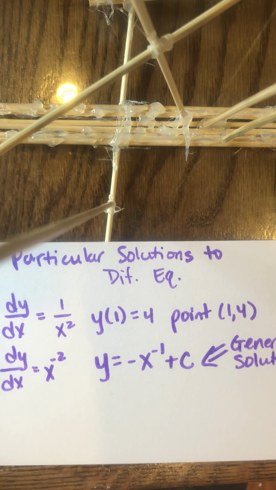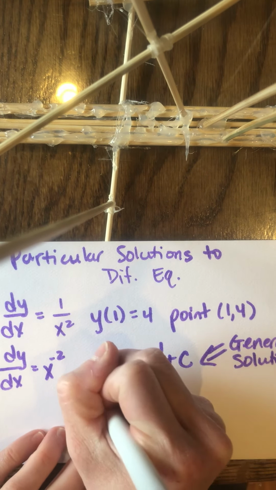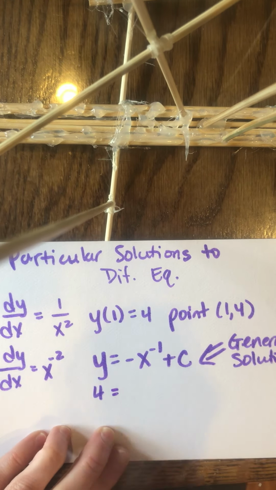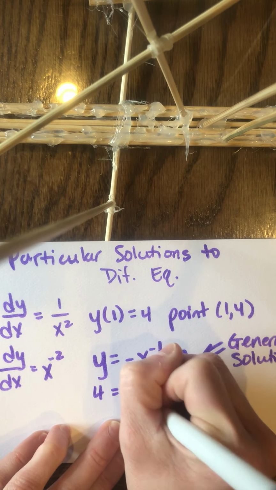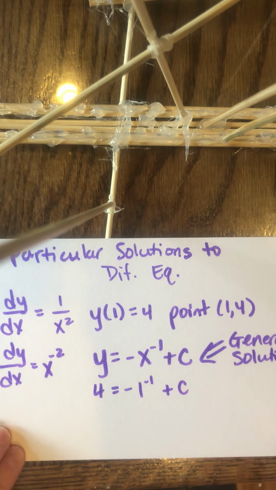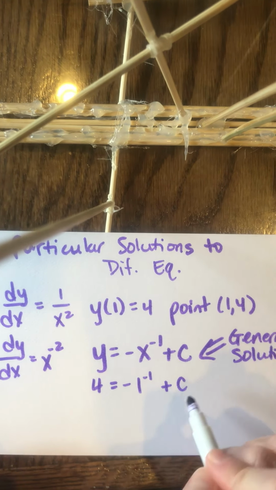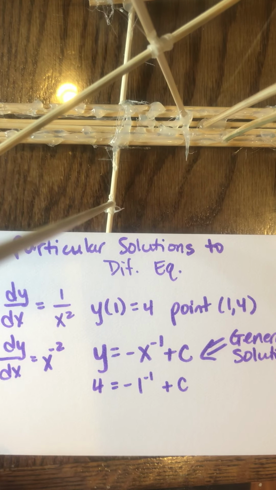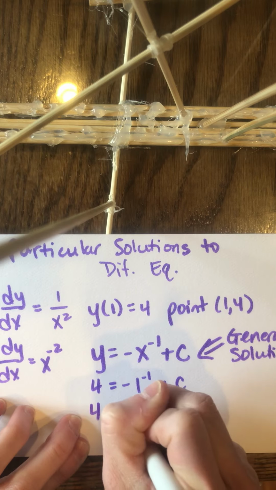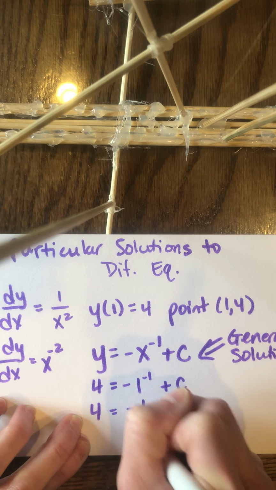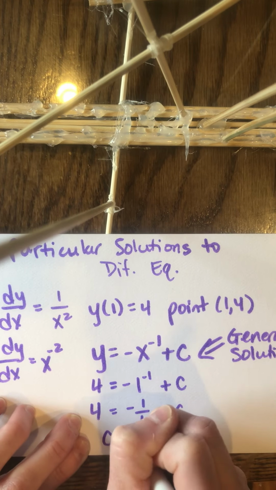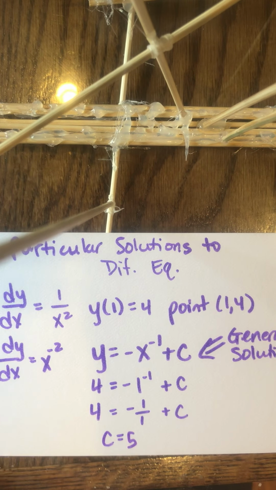So what I'm going to do is plug 4 in for y, and plug 1 in for x. Now, when I do that, I can then solve for my particular constant C. So 4 equals negative 1 over 1 plus C, so C must equal 5.